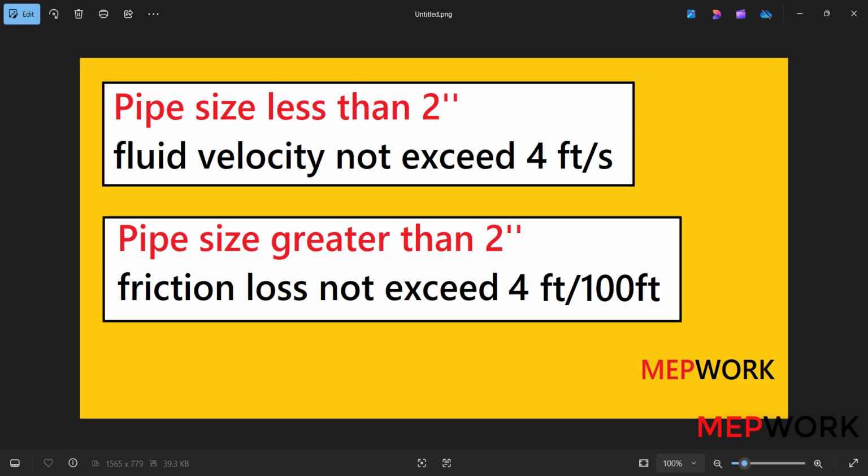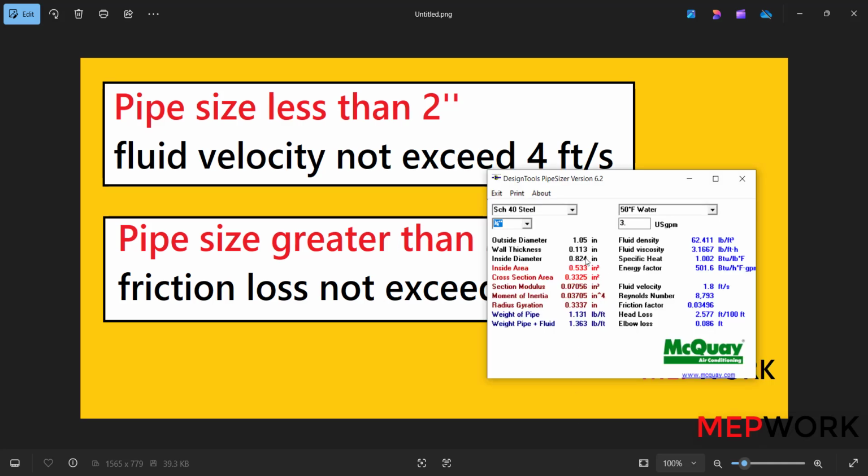And for pipe size greater than 2 inches, friction loss shall not exceed 4 feet per 100 feet. So go back to the example. The fluid velocity is 1.8 feet per second, and this size is less than 2 inches, so it is accepted for fluid velocity.